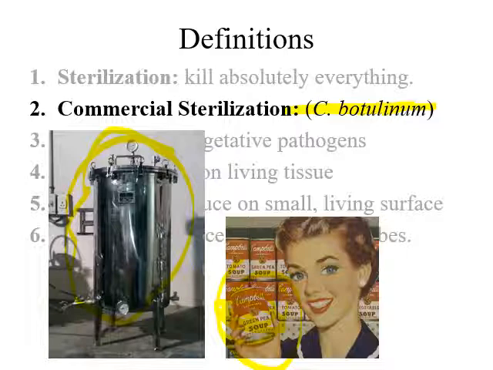Whatever microbes are there, you're reducing them by 90%. That's 1 decimal reduction time. 2 decimal reduction times is if you take whatever's left and you kill 90% of that. 3 decimal reductions is if you take what's left of that and kill 90% of it, and so on. So commercial sterilization for things like soup is actually quite a rigorous, strict regulation to make sure that these foods cannot be contaminated with Clostridium botulinum, because that would kill people. That would give you food poisoning.